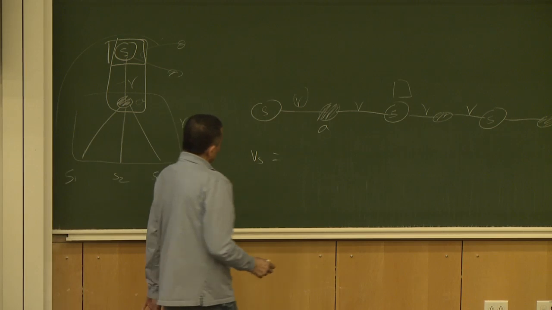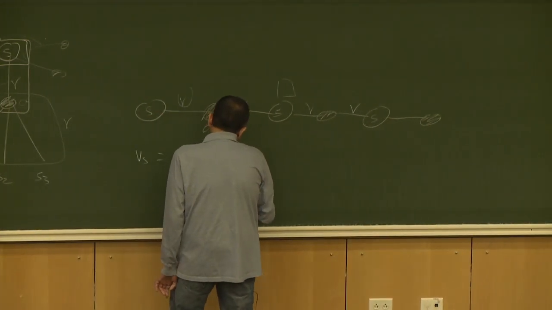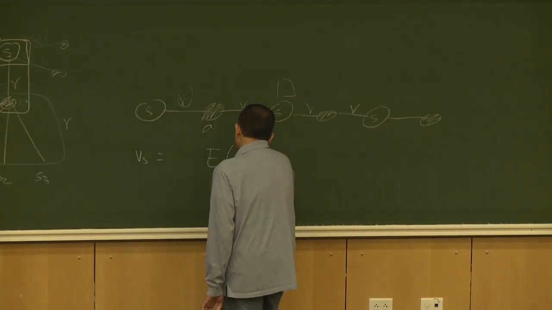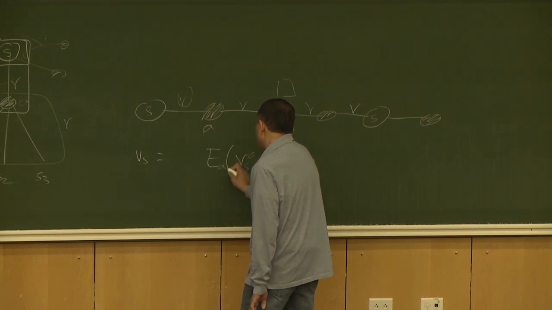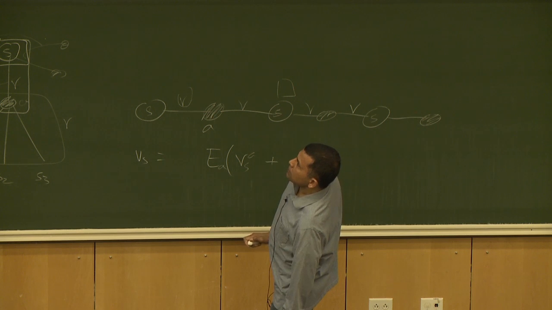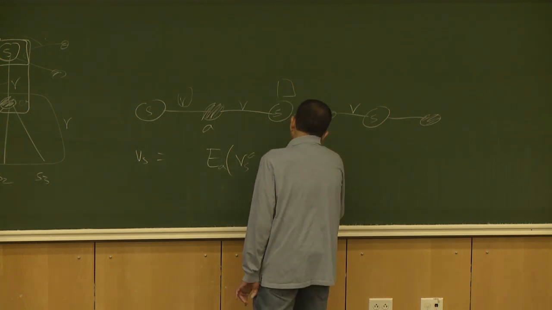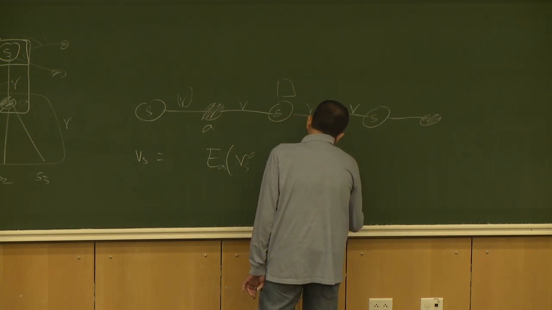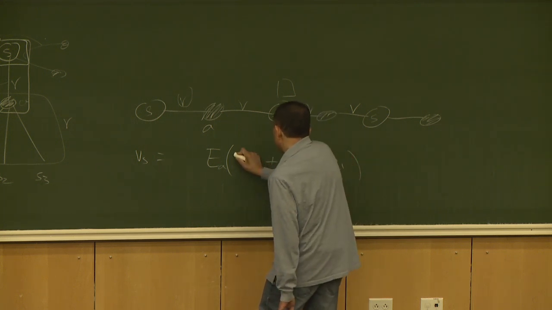So you literally say the V(s) is the expectation of the reward at that time over all actions plus, in this case, the expected value of the future states. This is R.